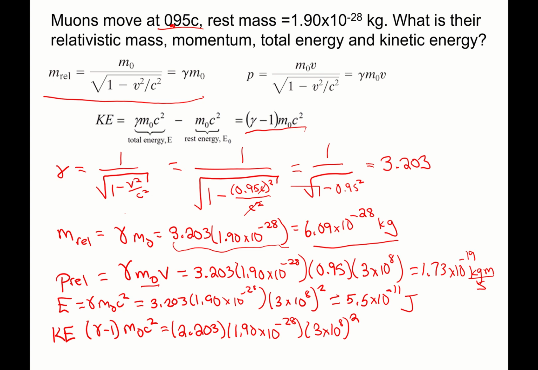So that's my c squared. And I get that my kinetic energy is less than the total energy. It's 3.77 times 10 to the minus 11 joules. Okay, so these are pretty straightforward calculations. Again, just remember it all hinges on being able to calculate gamma correctly.